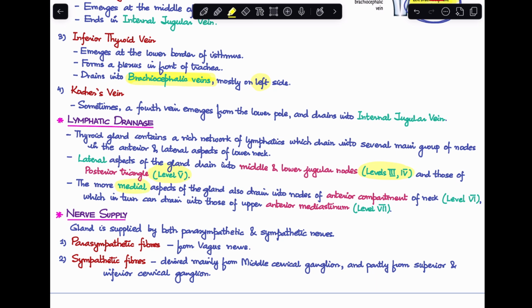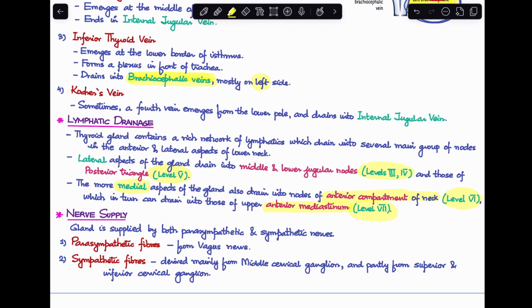Whereas the more medial aspect of the thyroid gland drains into the nodes of the anterior compartment of the neck, which is level 6. And from here, this in turn goes to drain into the upper anterior mediastinum nodes, which is level 7. So, this is the lymphatic drainage of the thyroid gland.